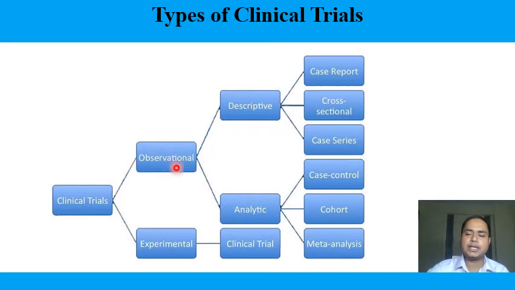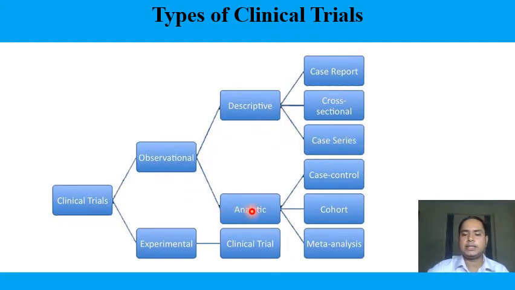So observational studies can be classified into two types, that is descriptive observational study as well as analytical observational study. The descriptive observational study has three types: case report, cross-sectional study and case series.